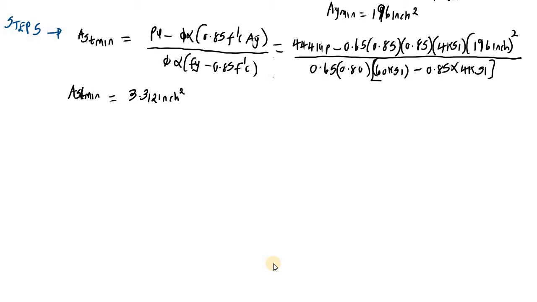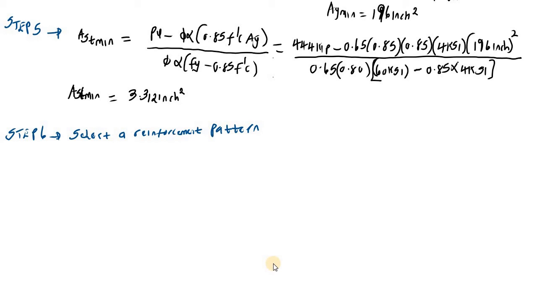So what we need to do is, using the minimum steel area, select a reinforcement pattern. So this is the next step, step 6. In step 6, we are going to select a reinforcement pattern.